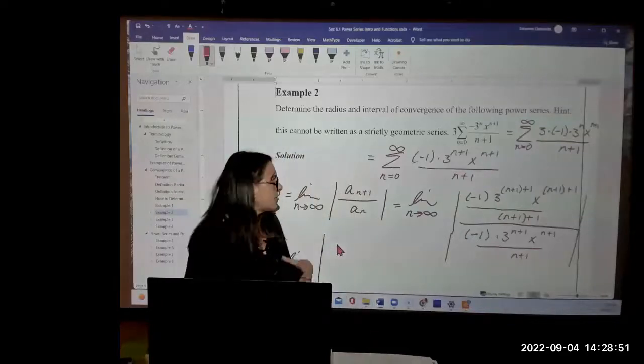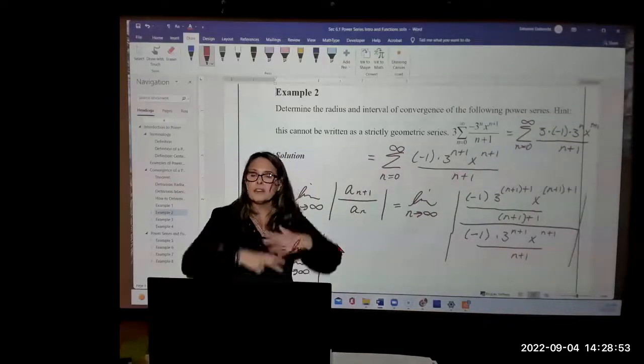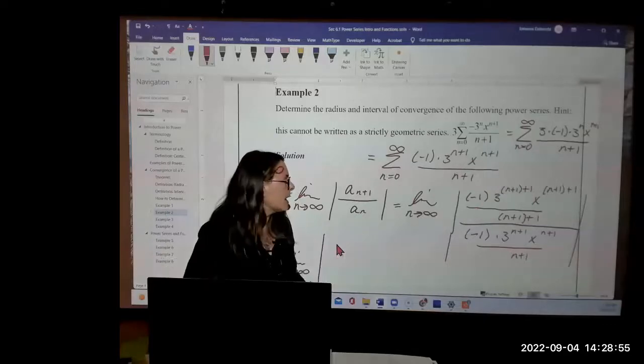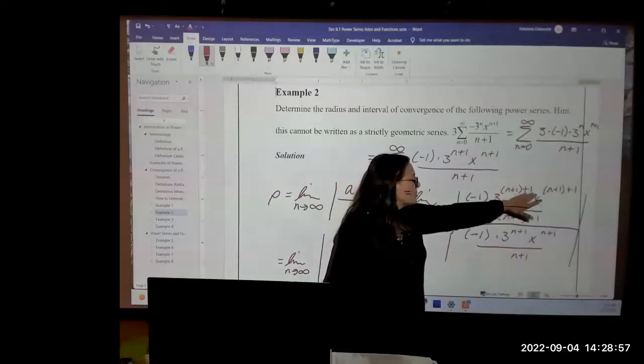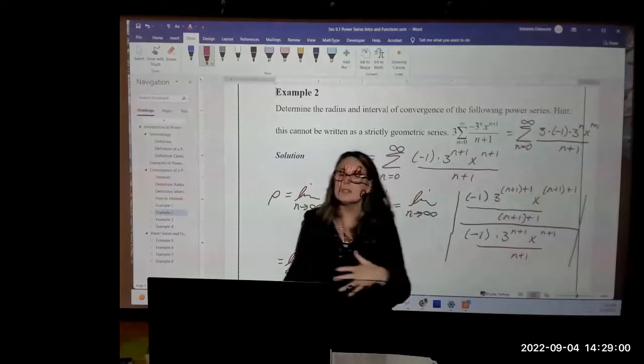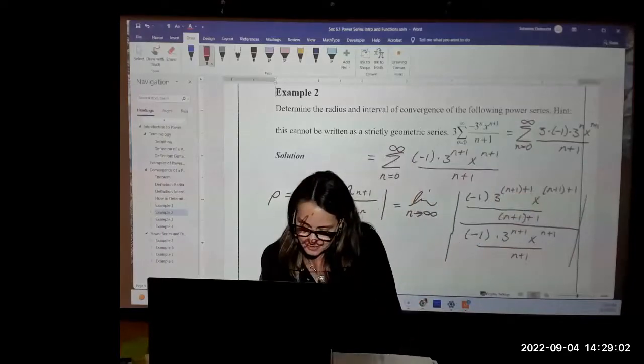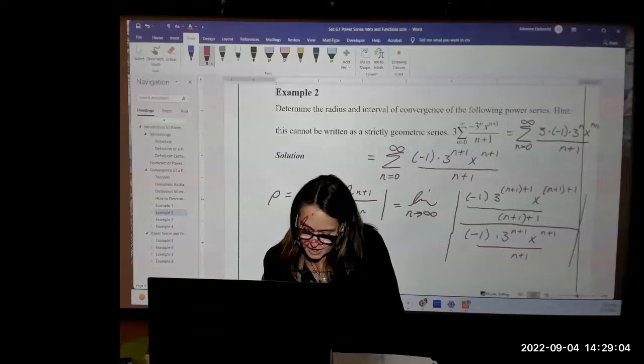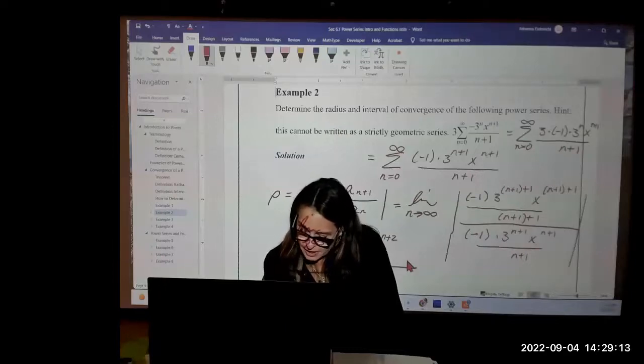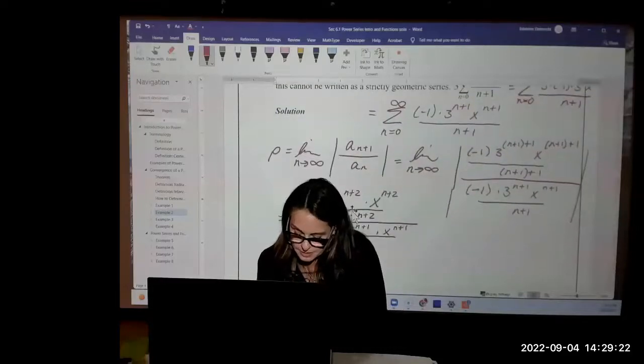Notice that since I have the negative ones inside absolute values, I can drop those. They're going to go away. And 3 to the n plus 1 plus 1 becomes 3 to the n plus 2. And then I have x to the n plus 2 divided by n plus 2, all divided by 3 to the n plus 1 times x to the n plus 1 over n plus 1.